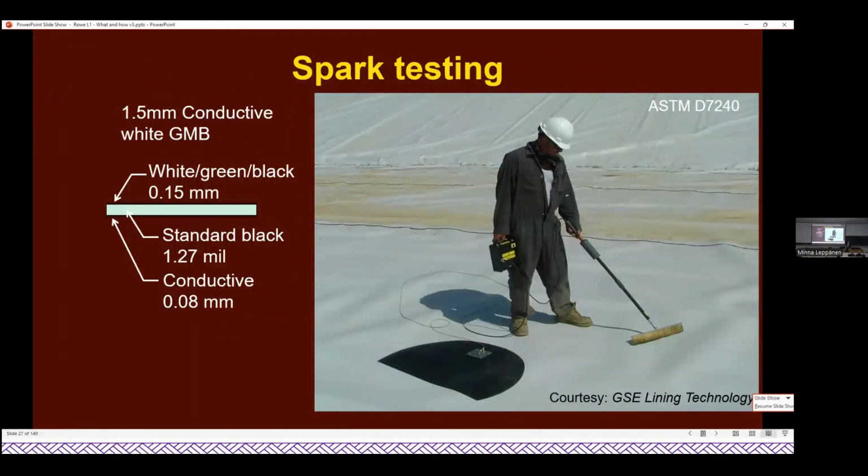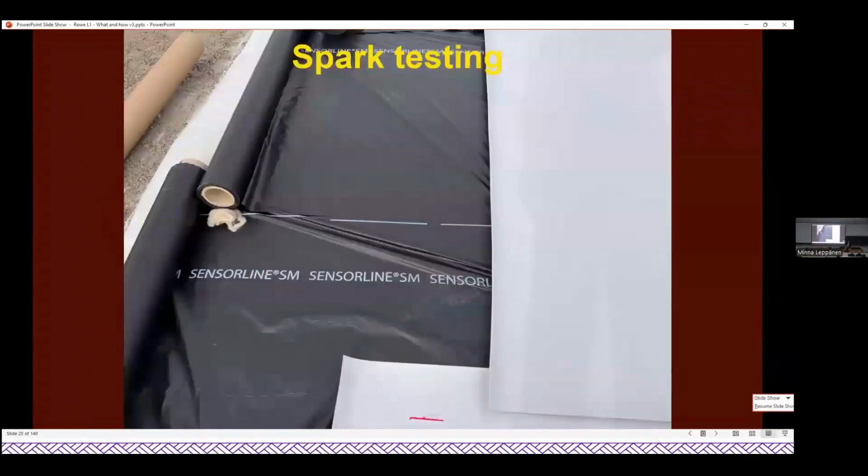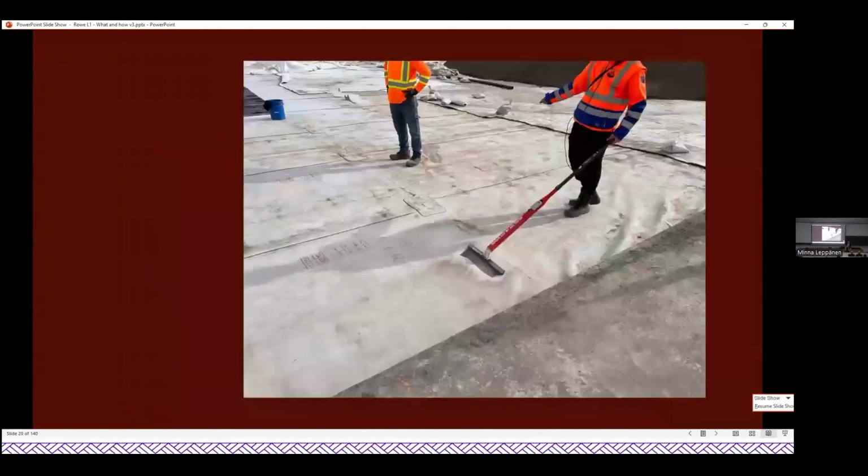We can do it with a geomembrane on a moist GCL, or we can put in a layer of material that is used to allow for spark testing. So that conductive film there is very thin, and it's simply there to allow detection of holes in the overlying, in this case, PVC geomembrane.